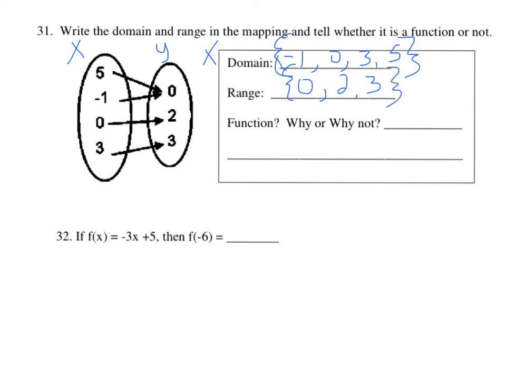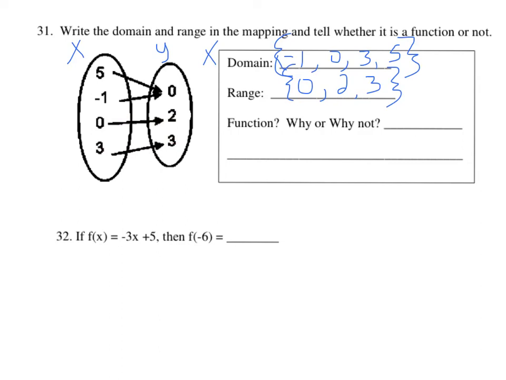And is it a function? Well, to determine if a mapping is a function, we look at the x values and we see how many arrows are coming out of it, or how many outputs are there. So if 5 is an input, it has 1 arrow coming out of it as an output. -1 has 1 arrow coming out of it, so it has 1 output. 0 has 1 output, 3 has 1 output.